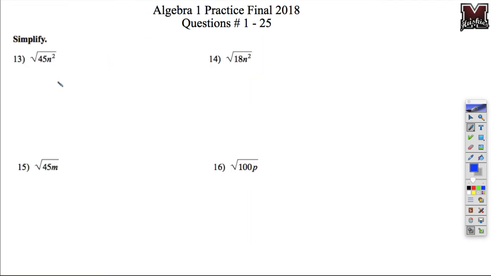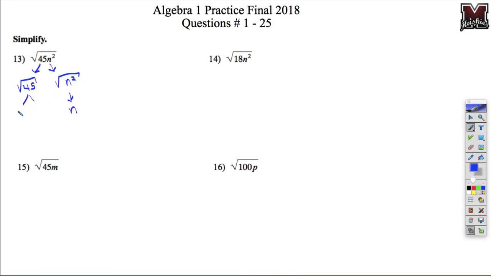Let's go and see. Oh my God, this is almost exactly the same as our example. So it's great review. Let's do this problem. So we're going to simplify this by separating into the square root of 45 and the square root of n squared. We have a square root of n squared, so that's immediately going to turn into just n. But the square root of 45, it's going to be the same factors.